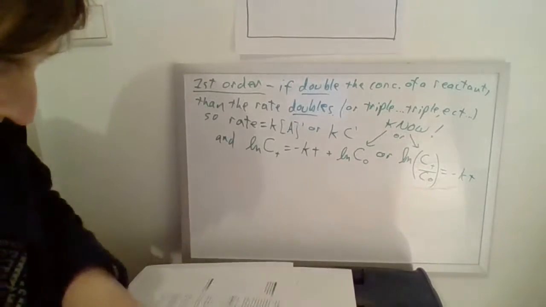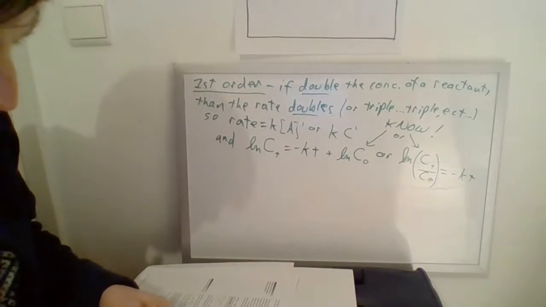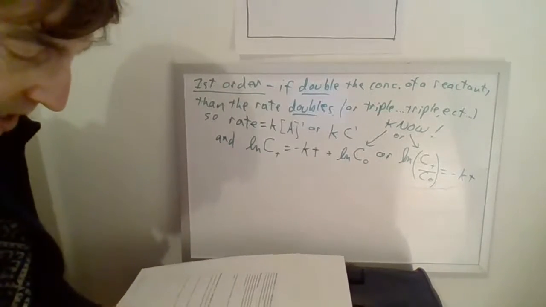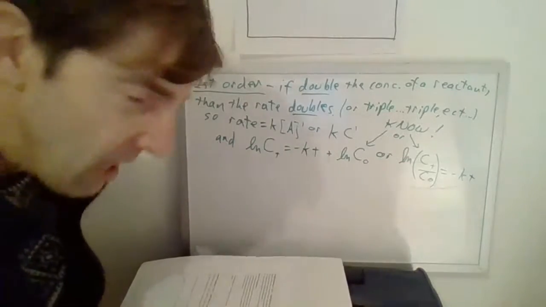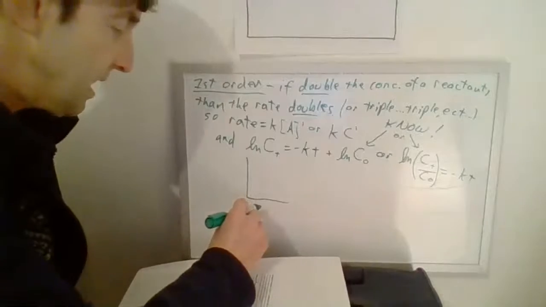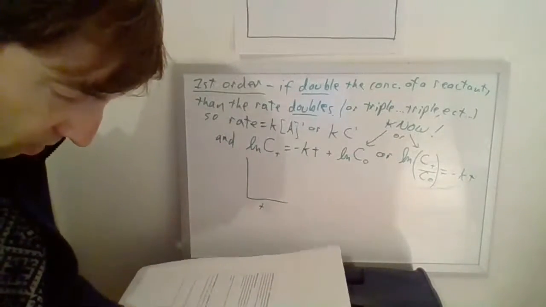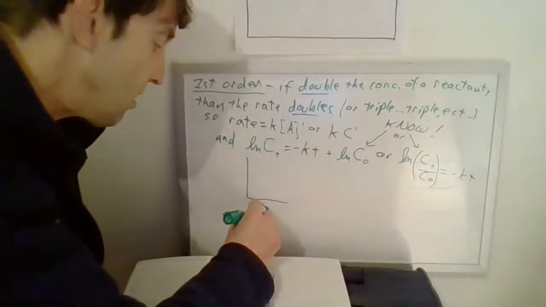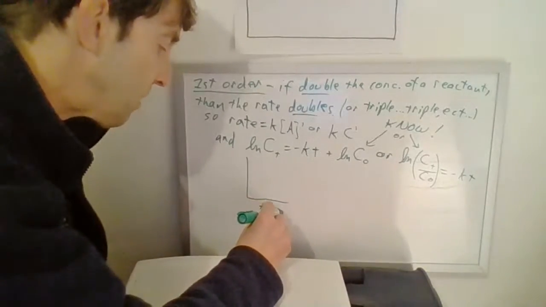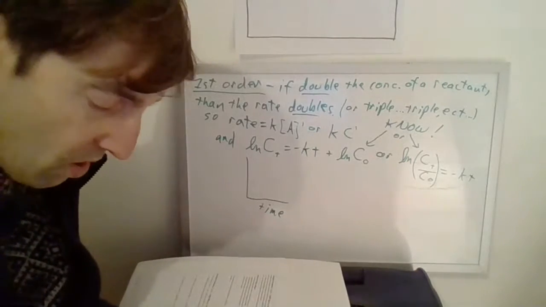The other thing you need to know is how to get a straight line if I graph this. So for first order, it's time again down here. Could be in seconds, could be minutes, or if it's like nuclear decay, could be years.